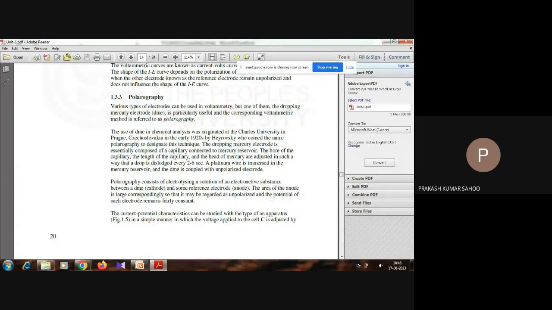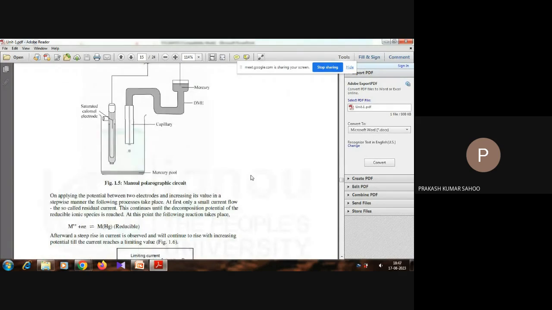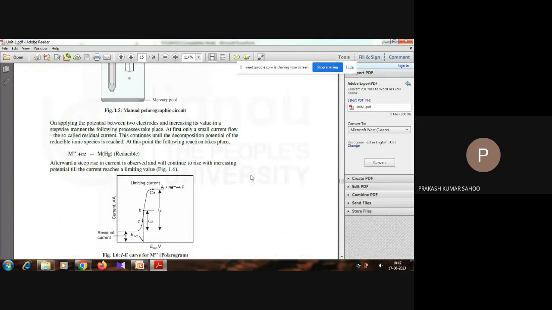Then polarography is another method, which was developed in Prague, Czechoslovakia in 1920. It uses a dropping mercury electrode. We will discuss in detail in our next classes what a DME is and how polarographic measurements happen. This is just a dropping mercury electrode with a saturated calomel electrode and the measurement of the potential difference.